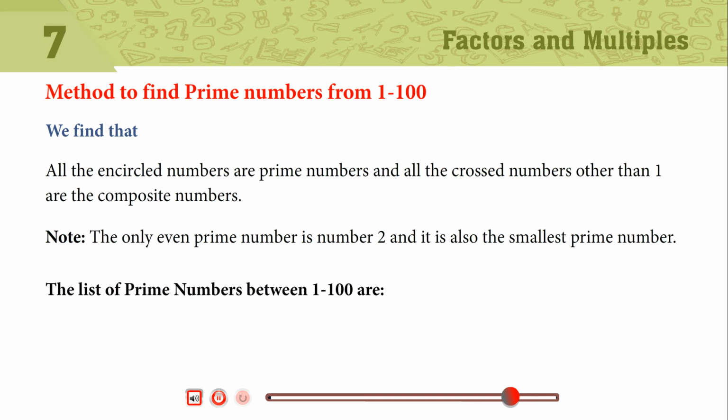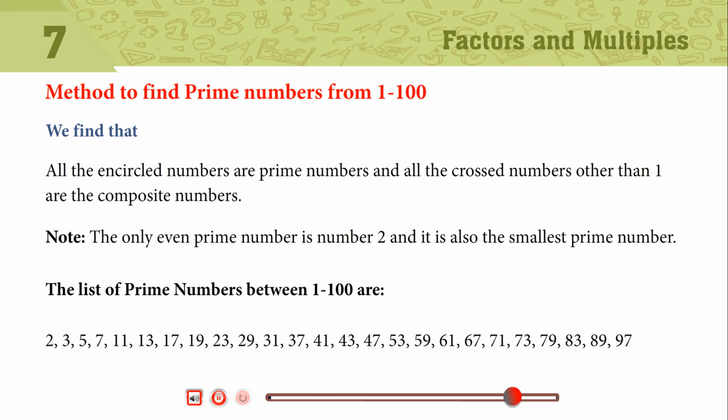The list of prime numbers between 1 to 100 are 2, 3, 5, 7, 11, 13, 17, 19, 23, 29, 31, 37, 41, 43, 47, 53, 59, 61, 67, 71, 73, 79, 83, 89, 97.